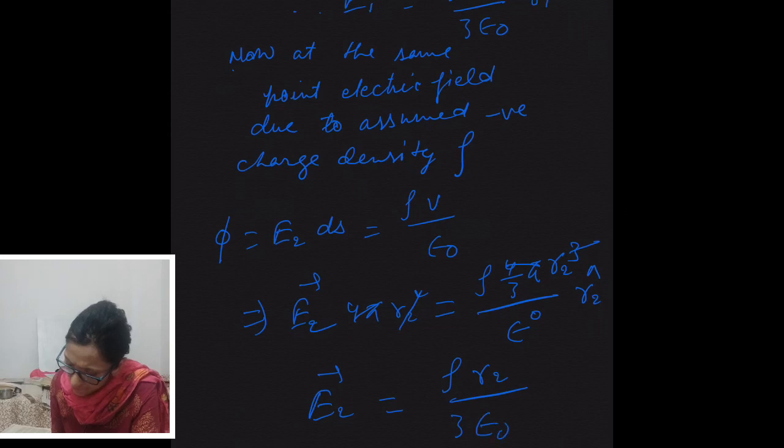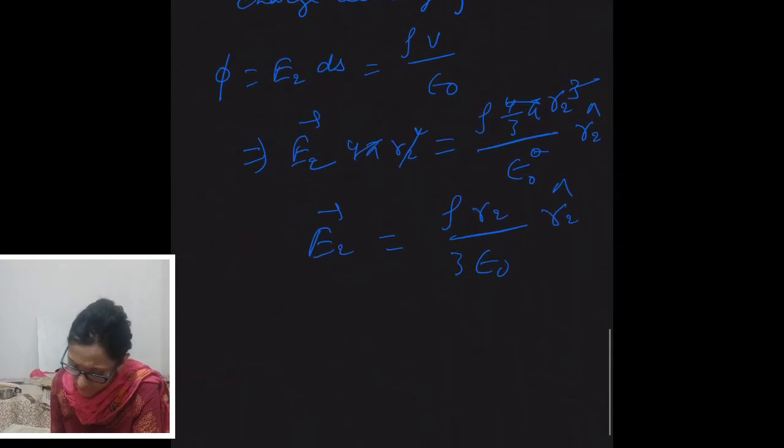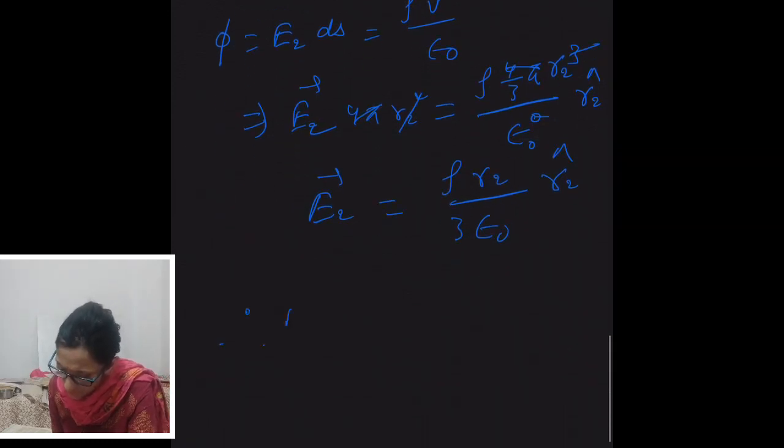And so you can see the vector E2 is equal to rho R2 upon 3 epsilon naught into R2 cap.